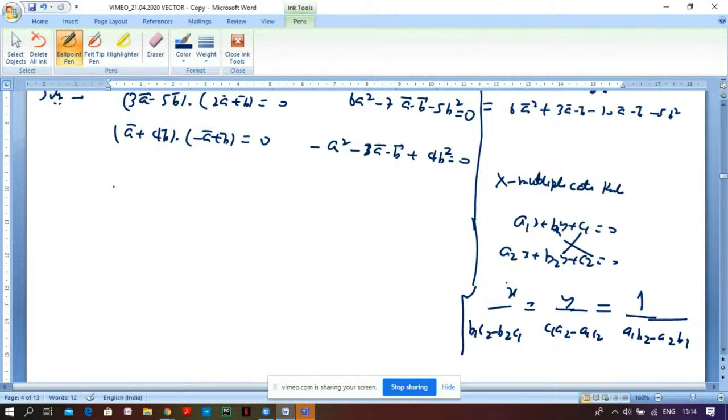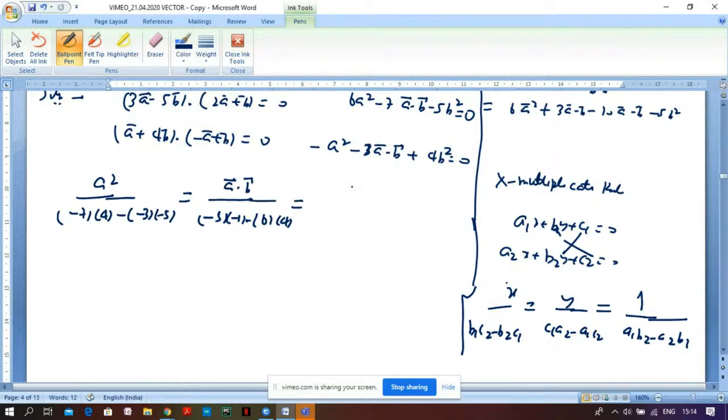We apply it here. So we write a squared over negative of 7 times 4 minus negative of 3 times negative of 5, is a dot b over, this is minus 5 times minus 1, be careful, and minus 6 into 4, and that is b squared over 6 times negative of 3 minus 1 times minus 7.